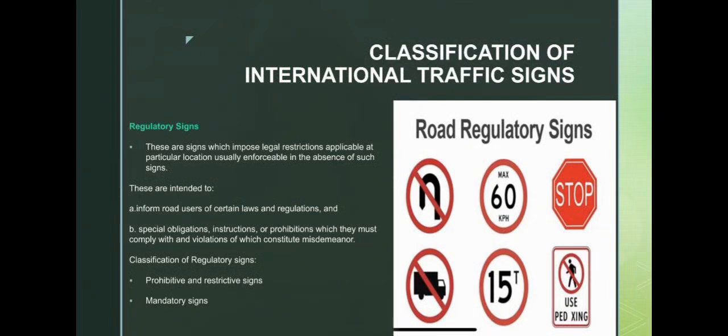They are intended to inform road users of certain laws and regulations, and the special obligations, instructions, or prohibitions which they must comply with, and violation of which constitutes a misdemeanor. The classifications of regulatory signs are the prohibitive and restrictive signs, and the mandatory signs. This is under the classifications of international traffic signs.